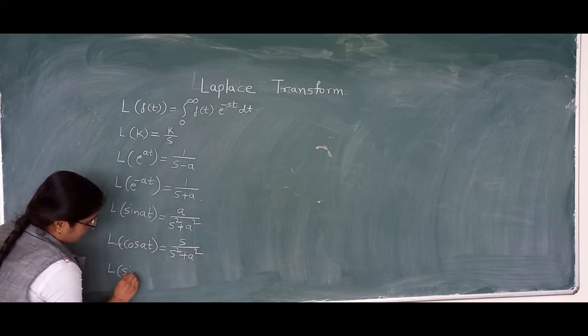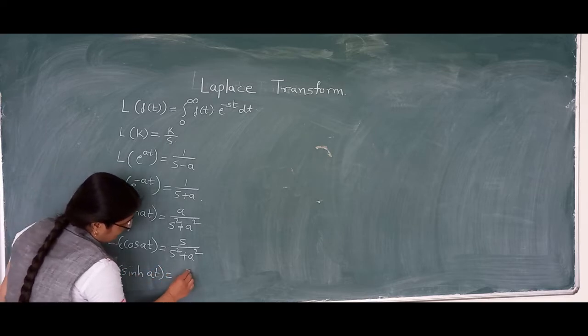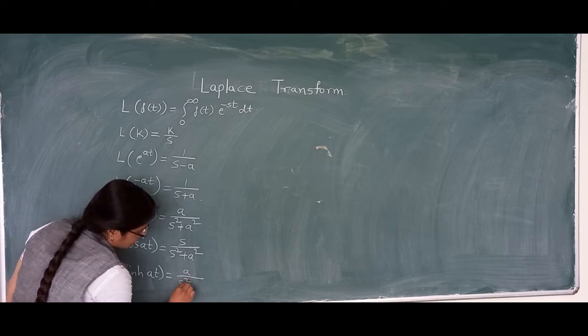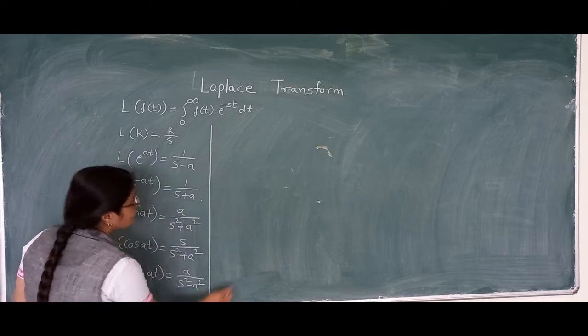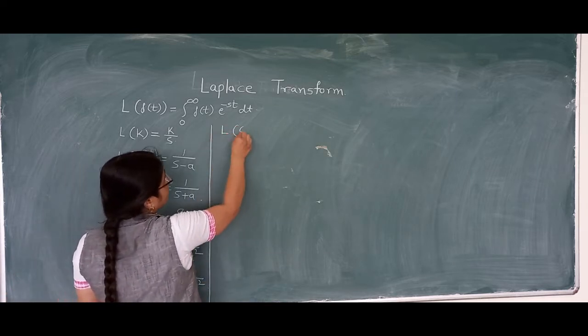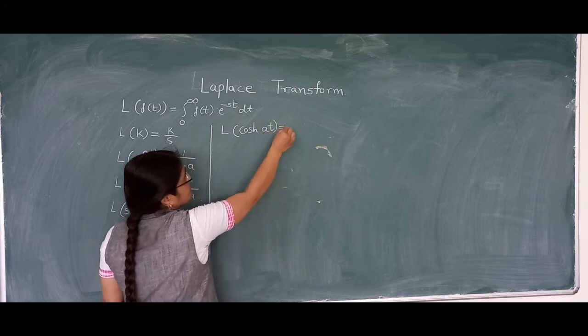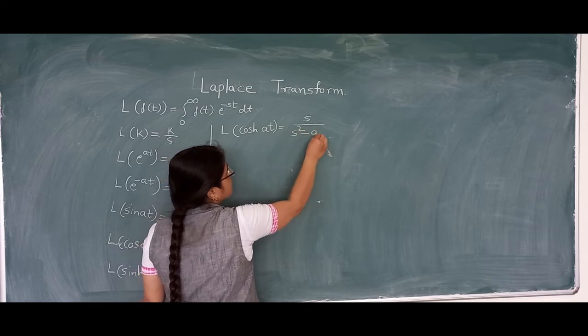Laplace of sinh at, that is hyperbolic sine, is a upon s square minus a square. Laplace of cosh at is s upon s square minus a square.